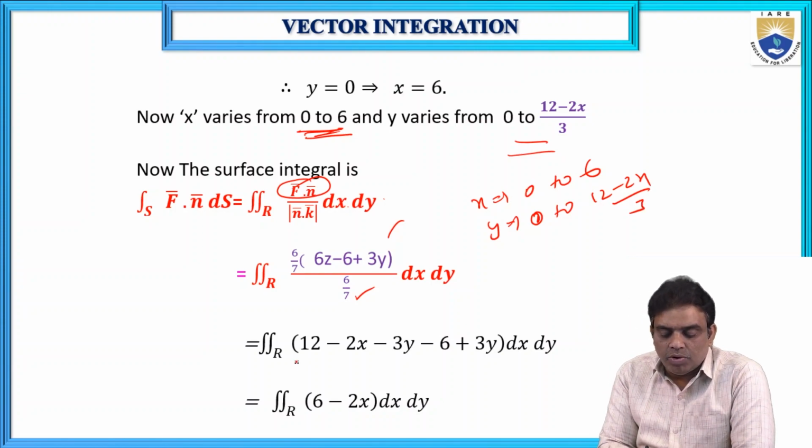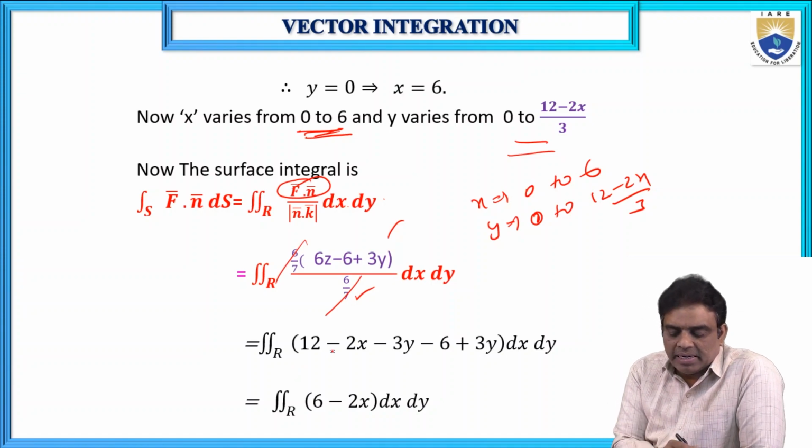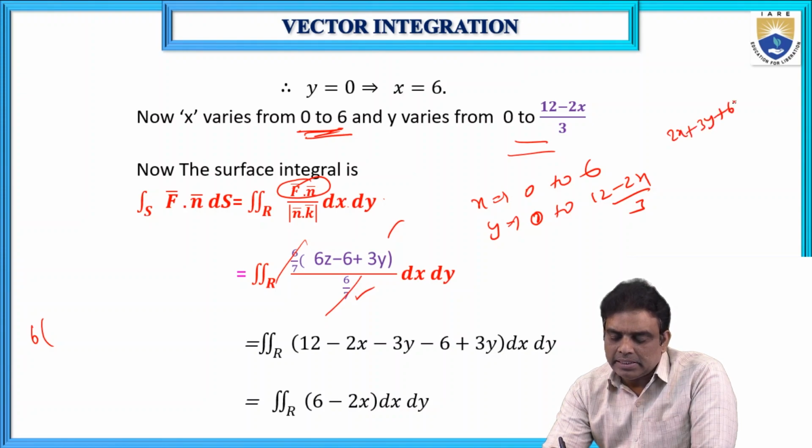In the double integral over R, the 6 by 7 gets cancelled. What you will get is 6z minus 6 plus 3y. But what is z? We have 2x plus 3y plus 6z equal to 12, or 6z is equal to 12 minus 2x minus 3y.